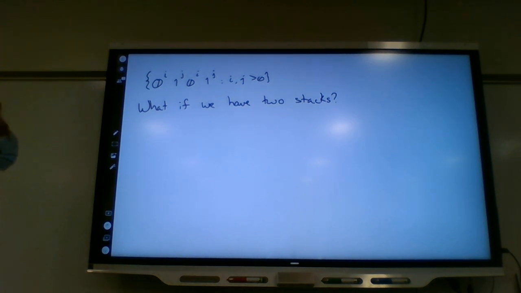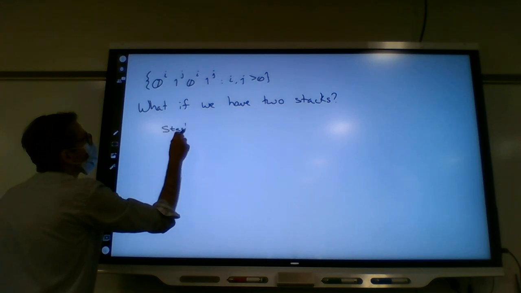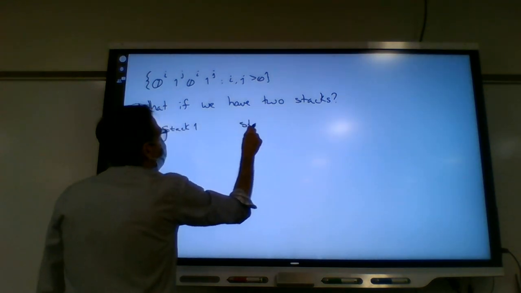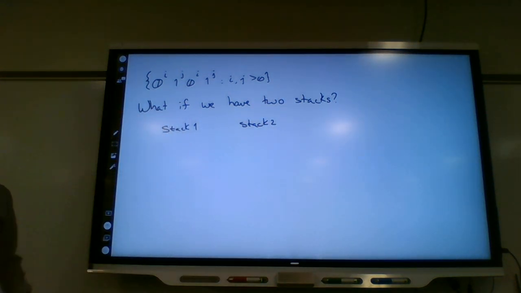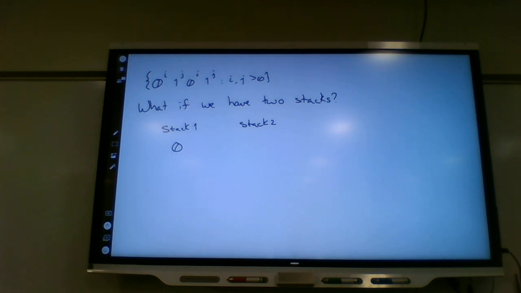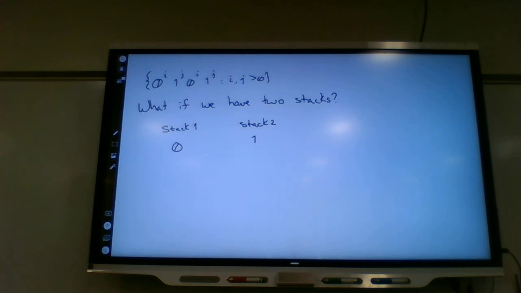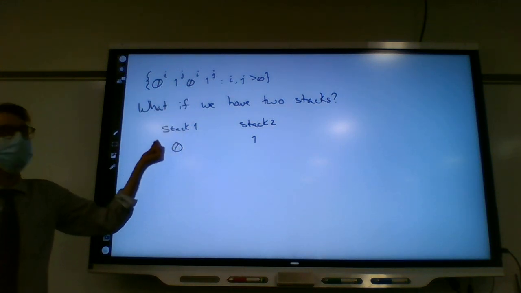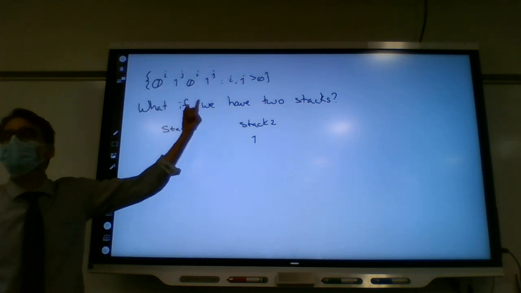Let's see if we can describe what to do. We have stack 1. And we have stack 2. What can we do? As we read the zeros, we could push all the zeros on stack 1. And then push all the ones on stack 2. And then we start reading zeros again, pop from stack 1. What happens when we read a new 1?